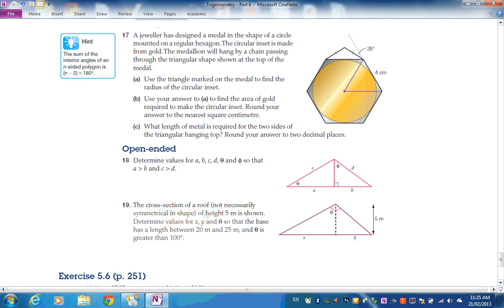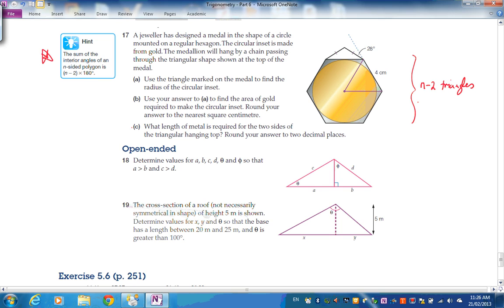Okay, here's an interesting hint for this one here, because we have a polygon and the sum of the interior angles of an n-sided polygon is n take 2 times 180, because within an n-sided polygon we've got n take 2 triangles.